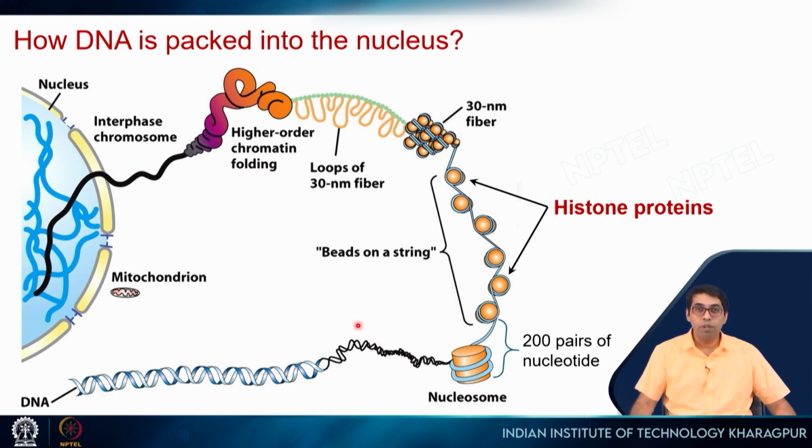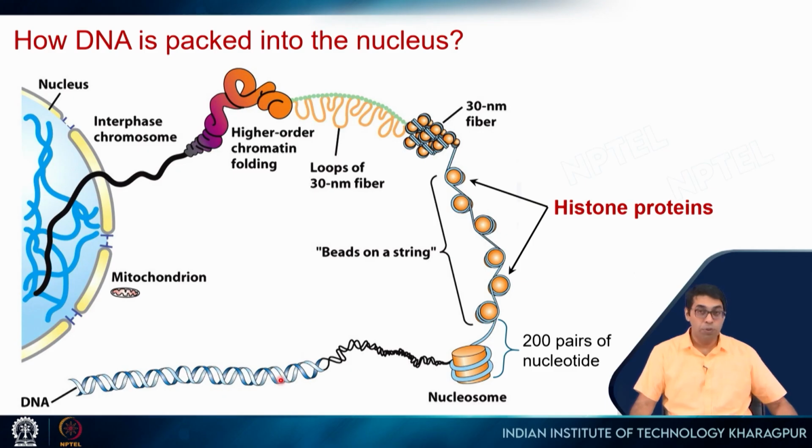So, first of all, you have to consider this DNA molecule. If you remember, DNA has this phosphate backbone which is negatively charged, which means that DNA is a highly negatively charged molecule. Since it is highly negatively charged, it will expand out, right. So, if we try to compress it into a small volume, it will repel and expand out.